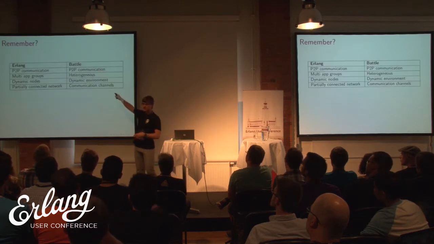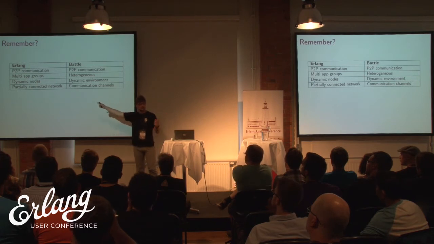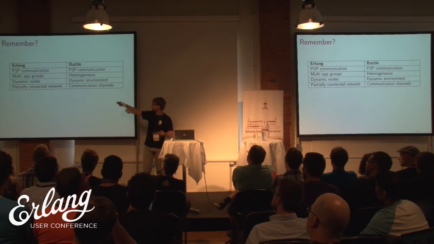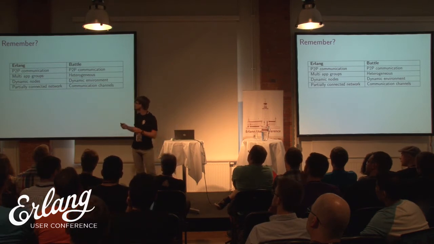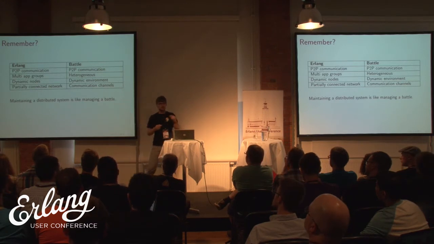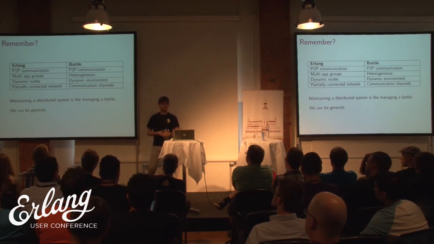Again, the requirements that we want from both the battle army and the Erlang cluster: peer-to-peer, multi-application groups, dynamic nodes, and a partially connected network. Because the requirements are kind of the same, and most of you are, I believe, distributed system developers or maintainers, we can be generals.